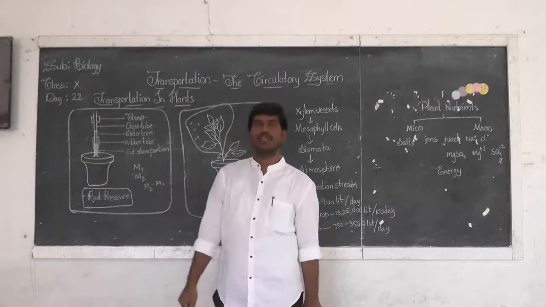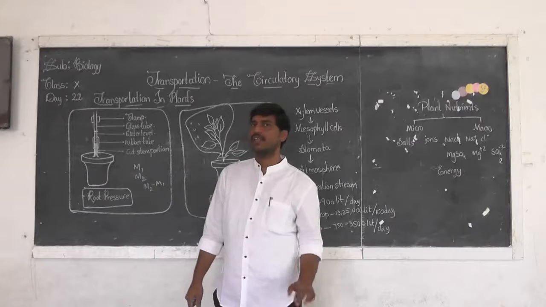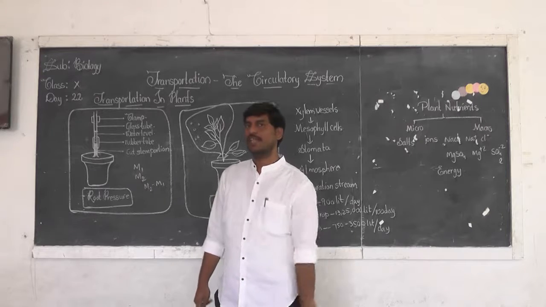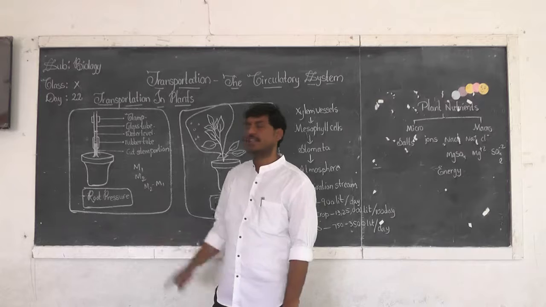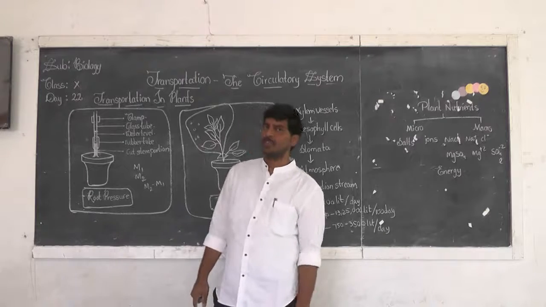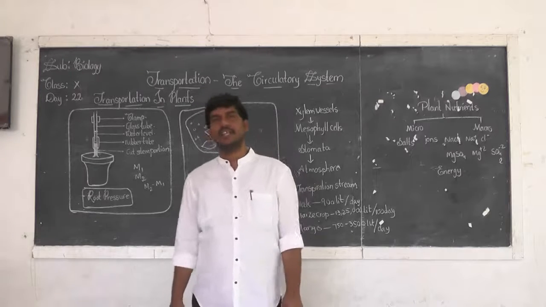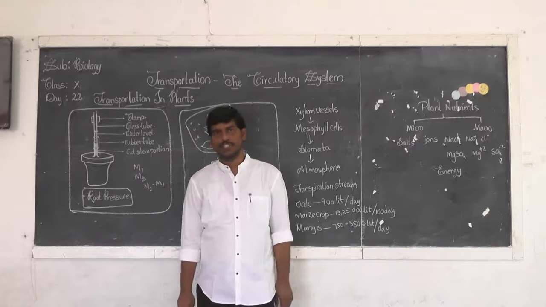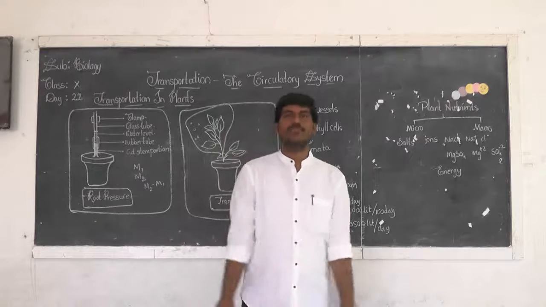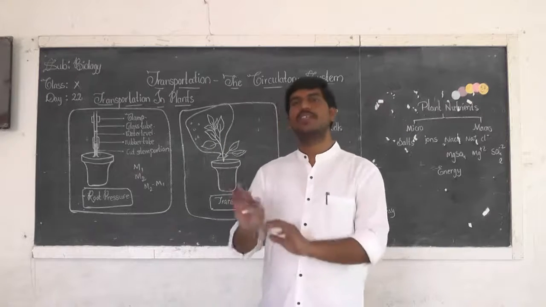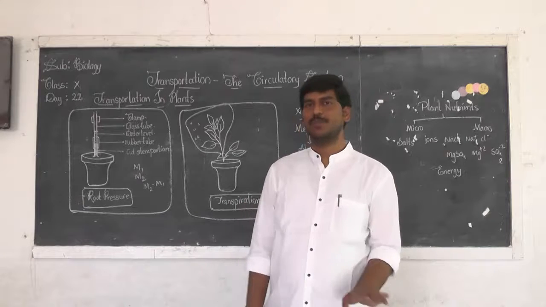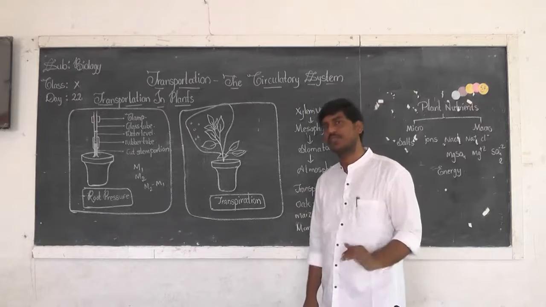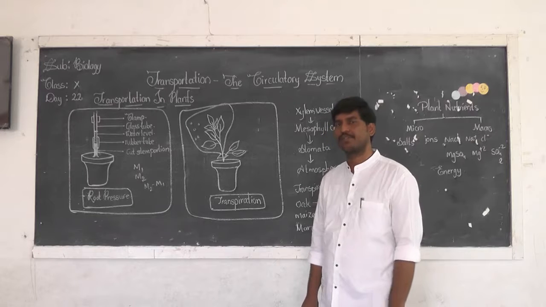We note down the level as M1, and then after 2 to 3 hours, what do we find? The level of water has increased, and that increased level we note down as M2, and the difference in the increase in the water level is because of the root pressure. In the case of small plants, this root pressure is more than enough. That may be shrubs or herbs. This root pressure is more than enough to transport this water to aerial portions, right?